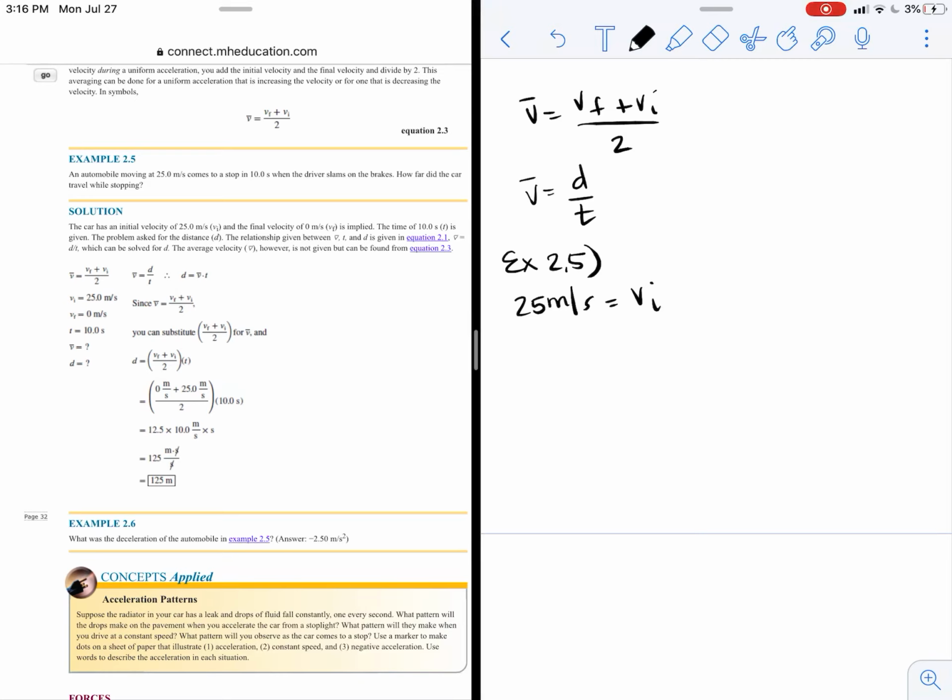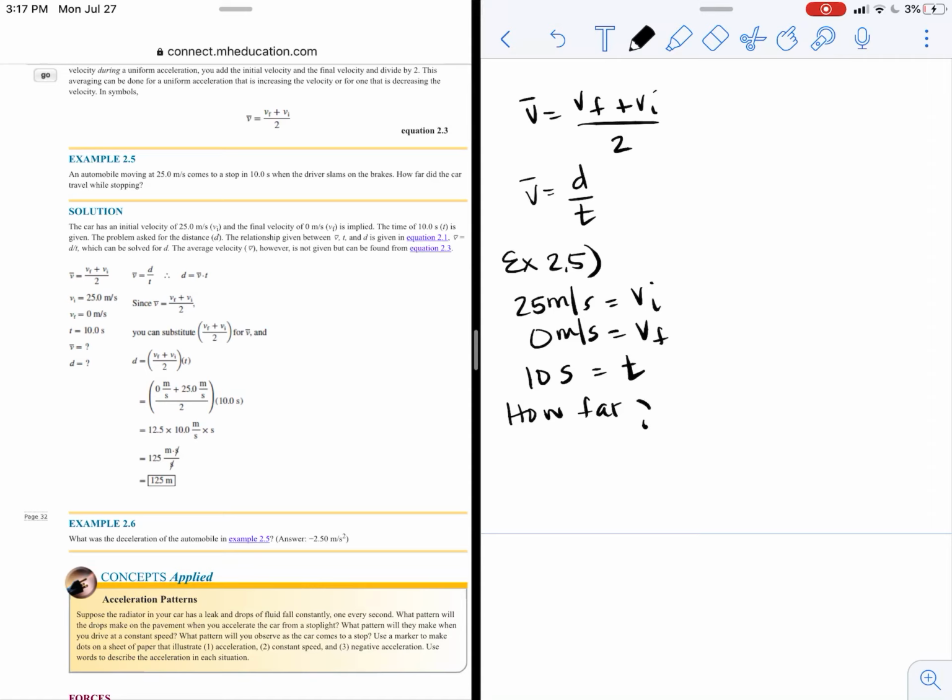It comes to a stop, so that's our final velocity, in 10 seconds. That's our time. And it wants us to figure out how far. Basically it wants us to find how much distance it goes before it stops.